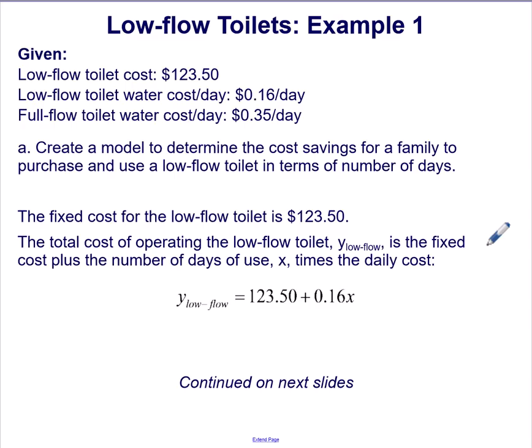The total cost of operating the low flow toilet, which we'll designate with the variable y and the subscript low flow, is the fixed cost plus the number of days in use, which we'll designate with the variable x, times the daily cost. This is the mathematical expression that we create. y with the subscript low flow is equal to 123.50 plus 0.16x, which is the cost per daily use.